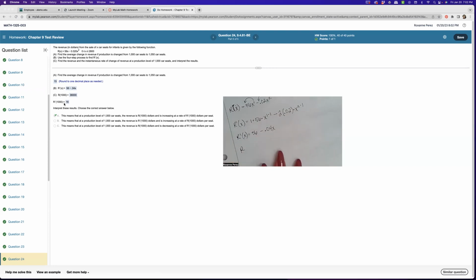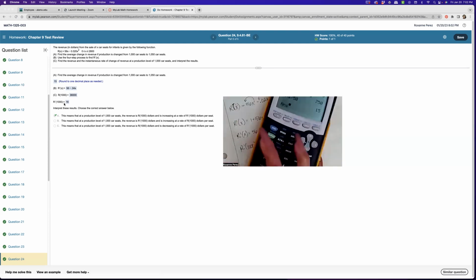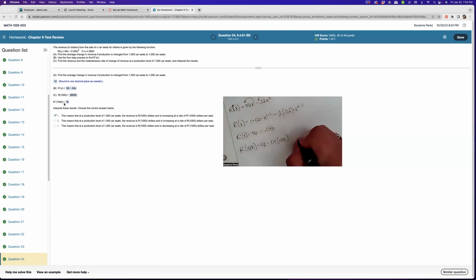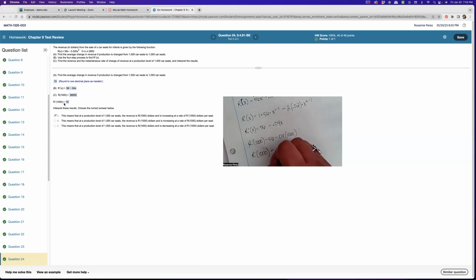So R prime at 1,000 equals 56 minus 0.04 times 1,000, which equals 16. So R prime at 1,000 equals 16.